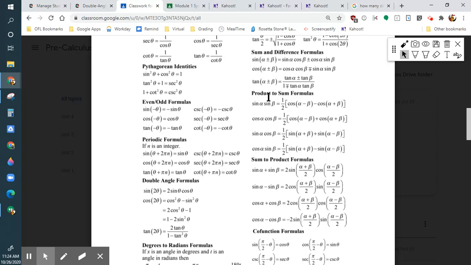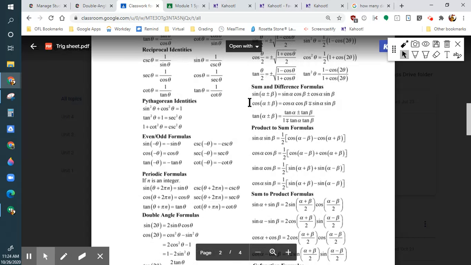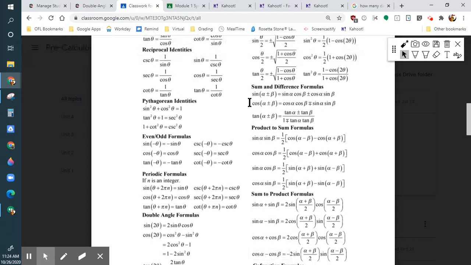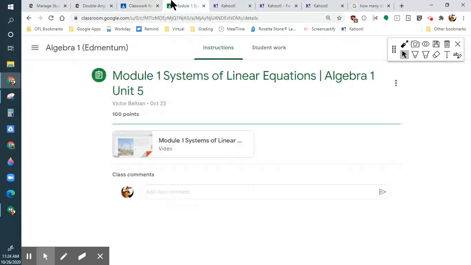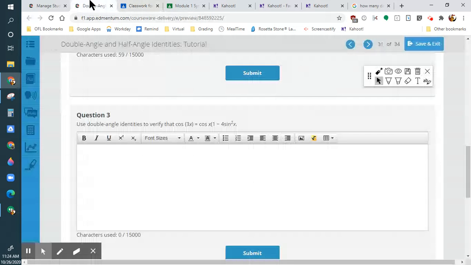Hold on. I see this here. I'm going to try to do it that way, guys. Hopefully this works out. We're going to try to do this with the sum and difference identities here. Hopefully this doesn't take me down the rabbit hole.